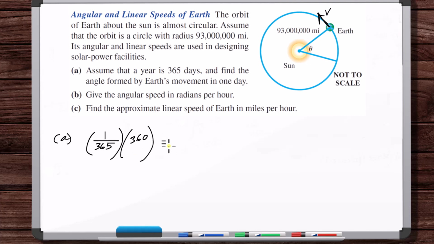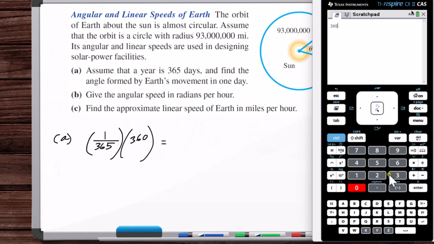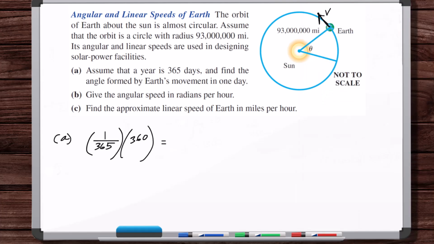So it's this many degrees: 72 over 73, about 0.986 degrees, almost 1 degree. And I'm going to leave that in degrees. So 0.986 degrees.